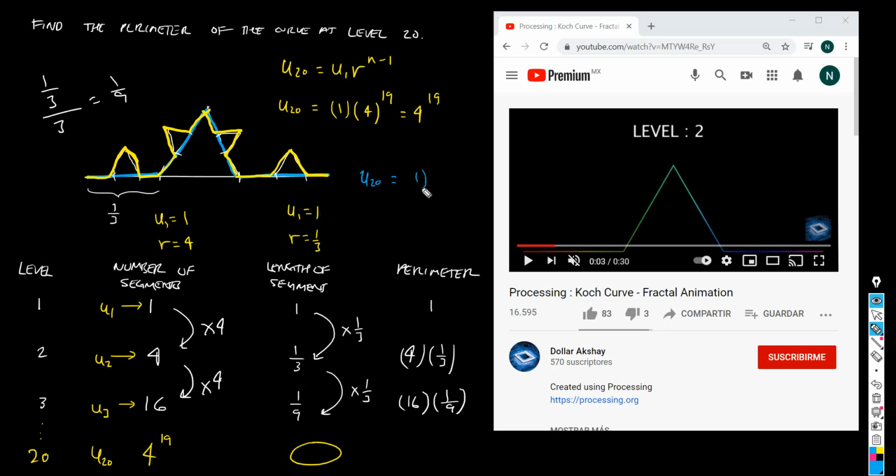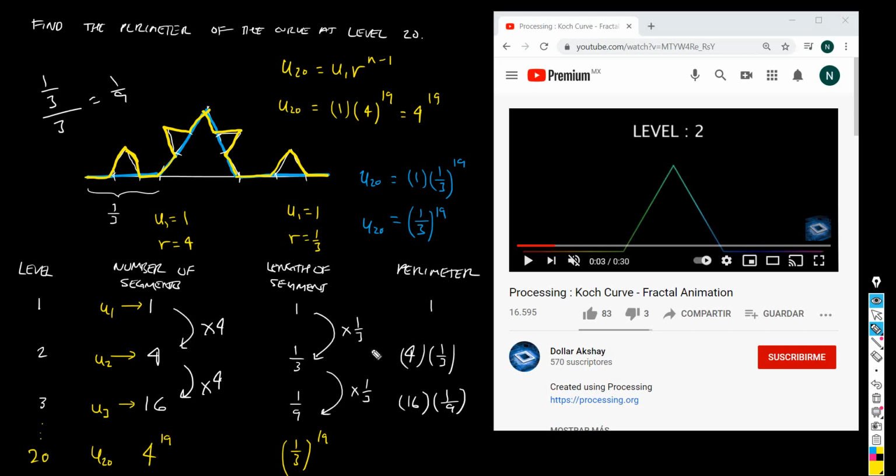It's 1, and the ratio is 1/3 raised to the n minus 1, which is 20 minus 1, which is 19. And this is 1/3 to the 19. And that's U20. So the number that should be here for the 20th level will be 1/3 to the 19. And that's it, guys.